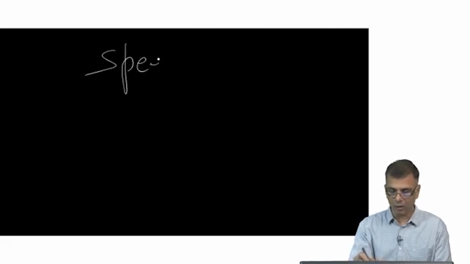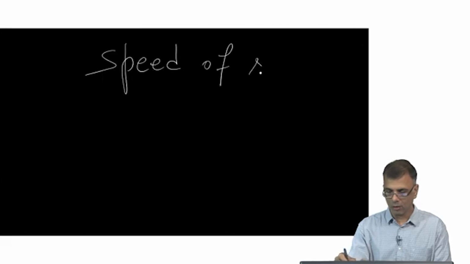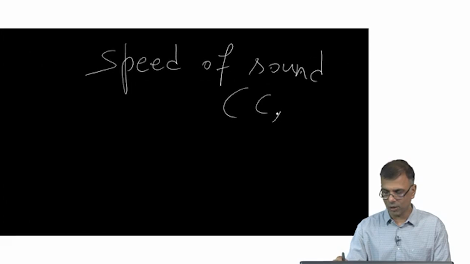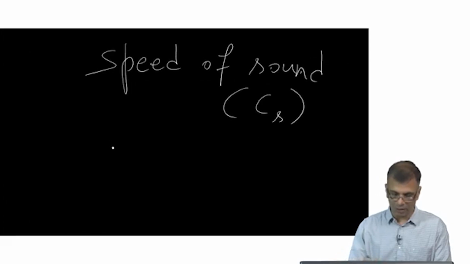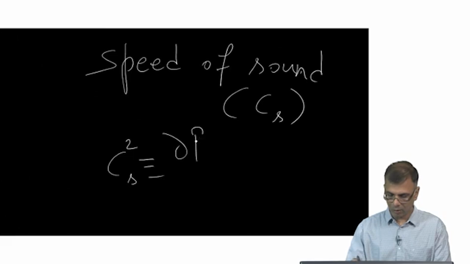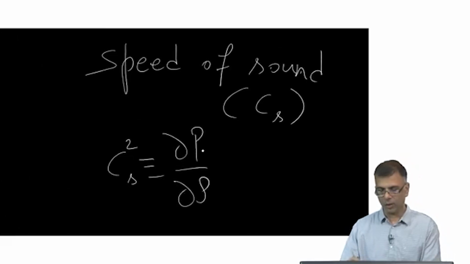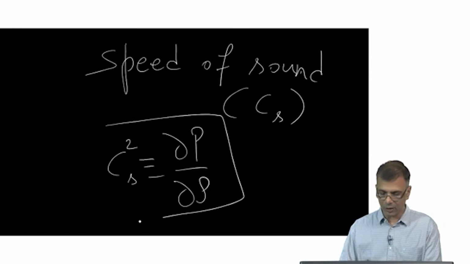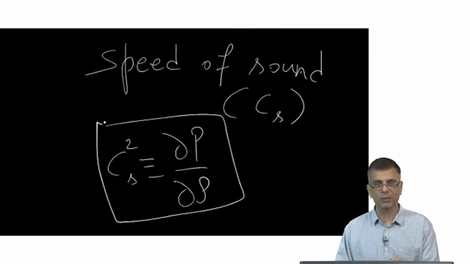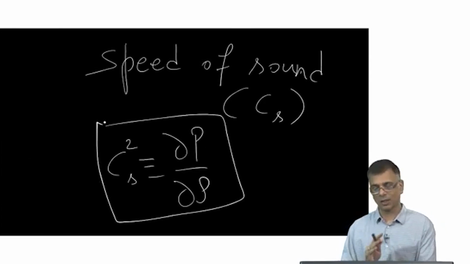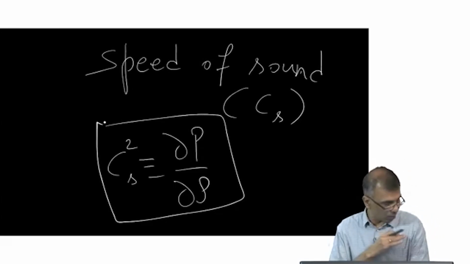You know that the speed of sound, generally denoted by c_s, is given by c_s = sqrt(P/rho), where P is the pressure and rho is the density. So we will derive this. We will see where this comes from. That's our first goal.